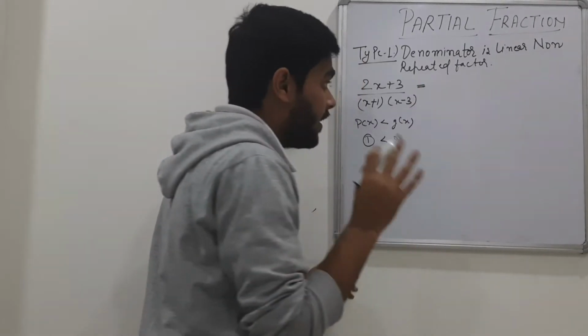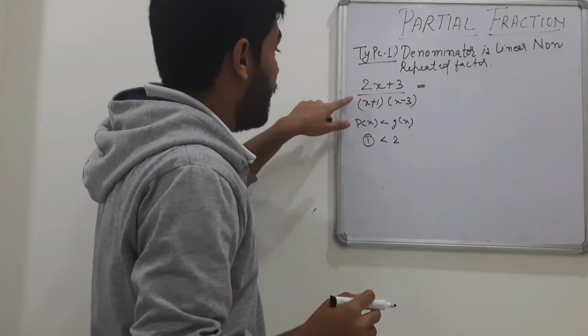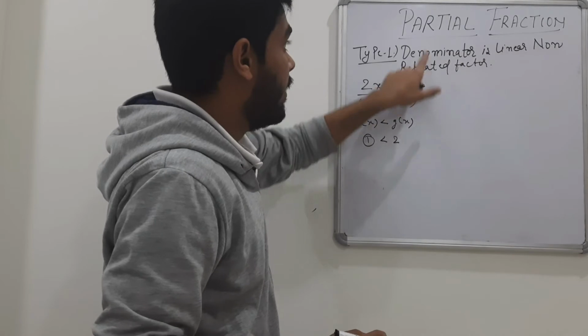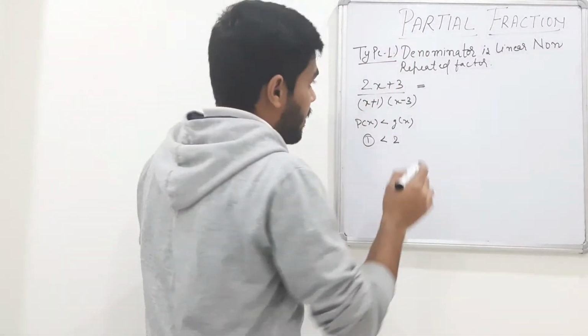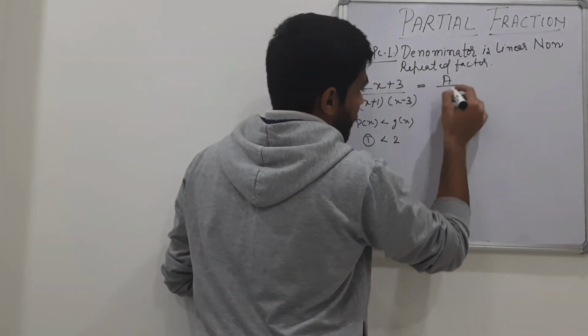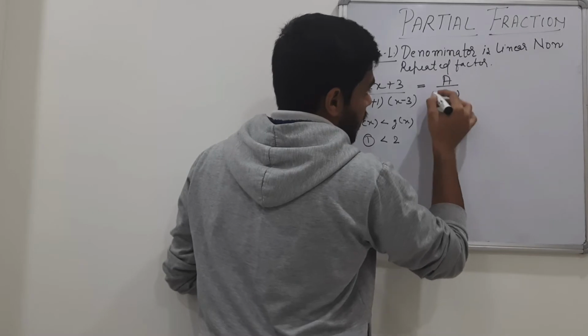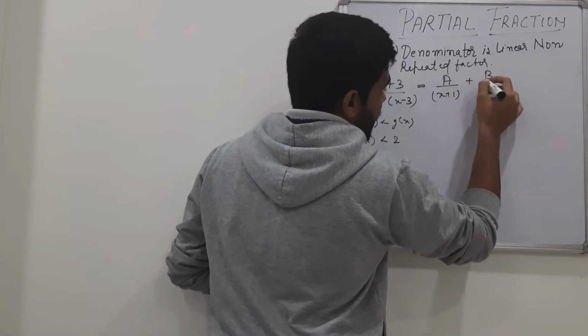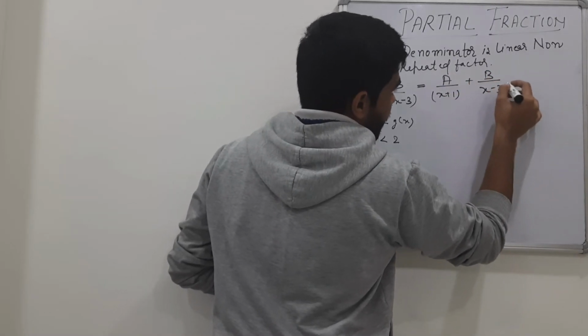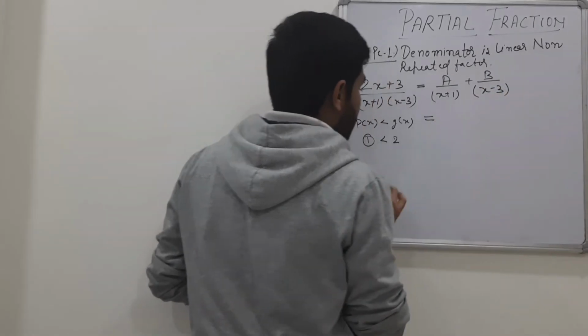So the representation of this rational fraction in the form of partial fractions is A upon x plus 1 plus B upon x minus 3. So now we will take the LCM.